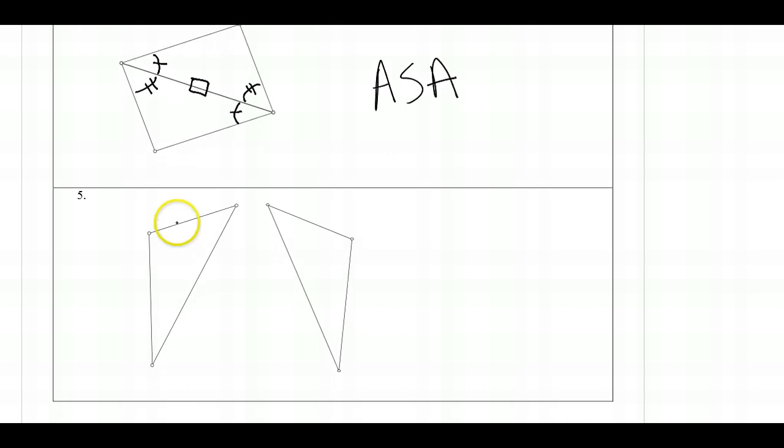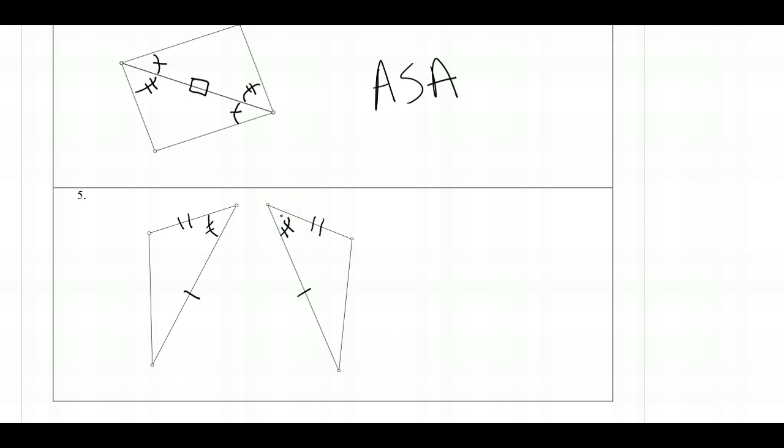Let's take a look at one more example. Let's say I've got this, and this, and this, and over here I've got this, and that also. Alright, so if you want to pause the video and see if you can figure out if there's a method that we can use.